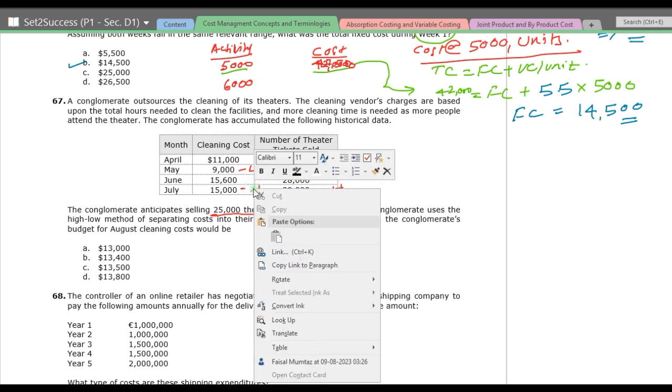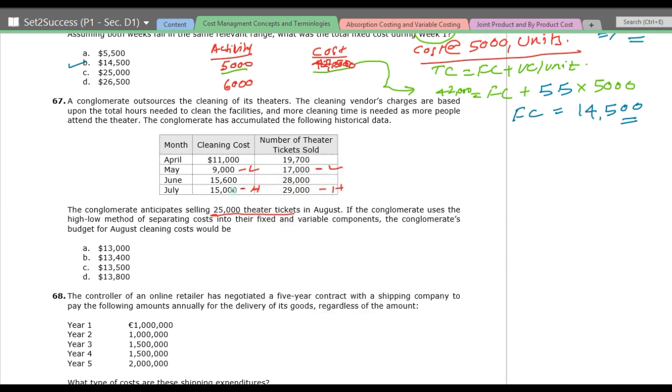Because we go as per the activity, not as per the cost. So the highest activity is 29,000 and the lowest activity is 17,000, and the costs are 15,000 and 9,000. So variable cost per unit is highest cost minus lowest cost, divided by highest activity minus lowest activity.